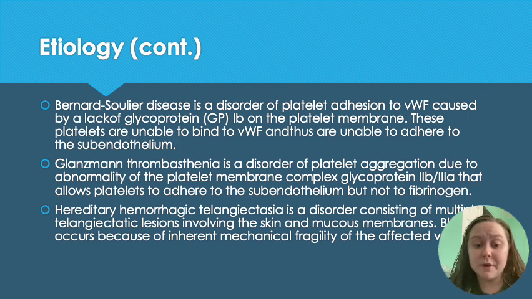Glanzmann thrombasthenia is a disorder of platelet aggregation due to abnormality of the platelet membrane complex glycoprotein IIb/IIIa that allows platelets to adhere to the subendothelium but not to fibrinogen.